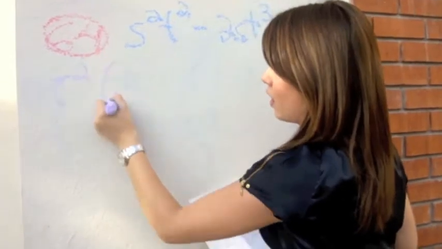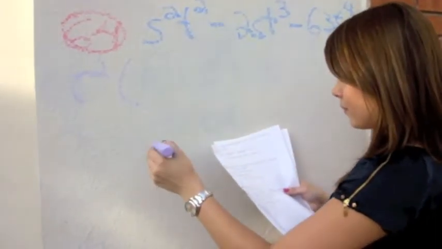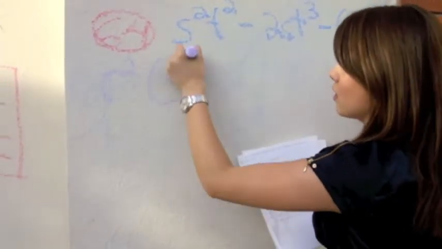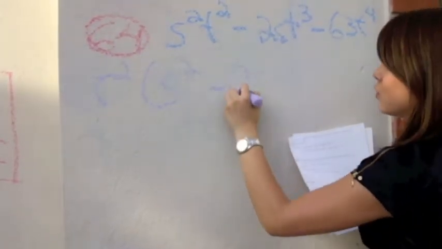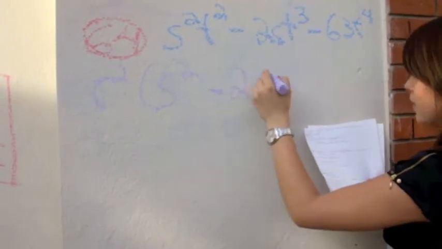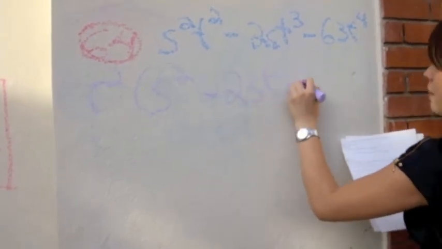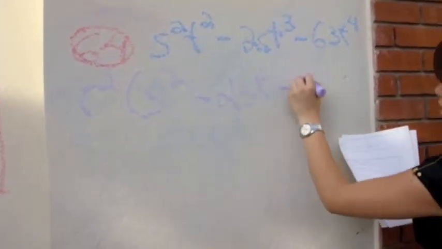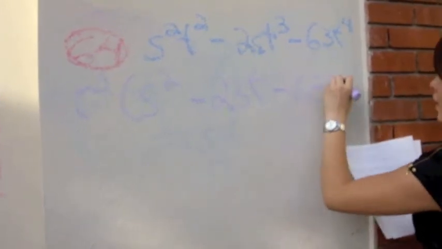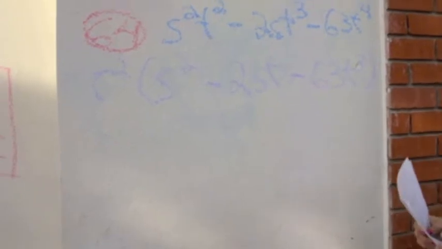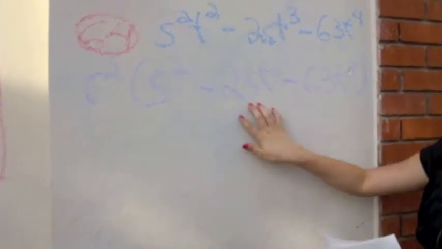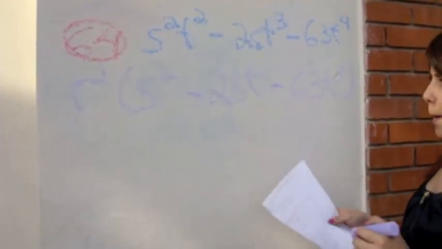squared. So the first term is going to be s squared. Then the second term is going to be minus 2st. Third term, minus 63t cubed. So then we need to continue factoring this trinomial.